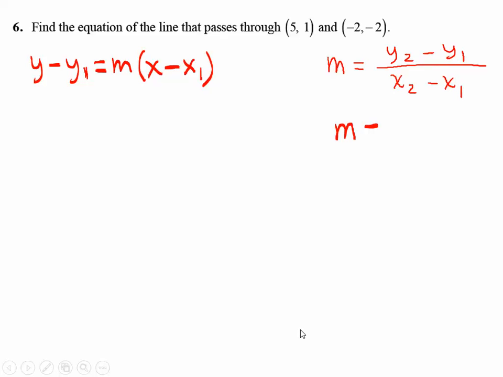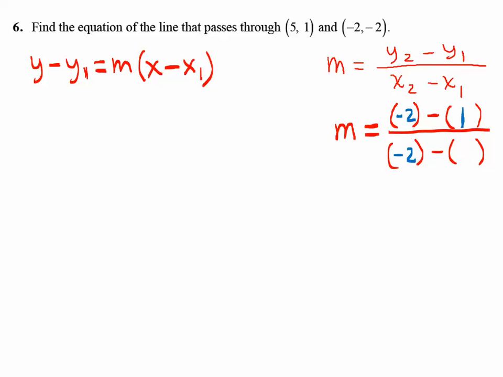Cool. Alright, so go for it. So looking at this here, what did you guys get for slope? Positive 3 over 7. I go with that.